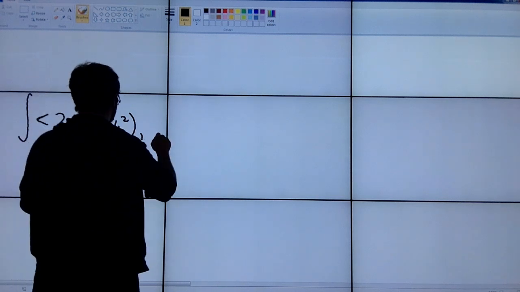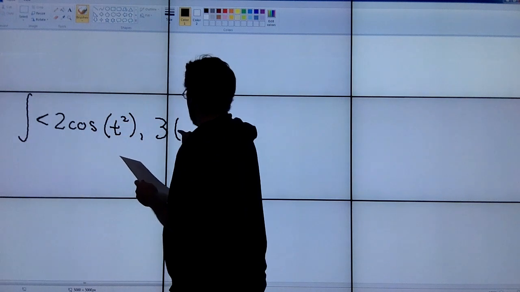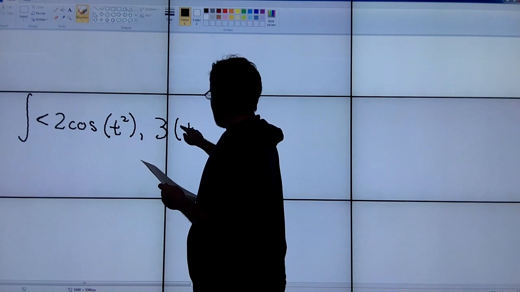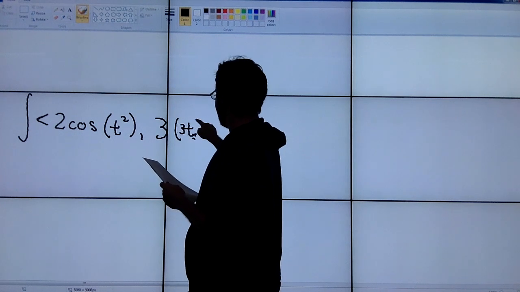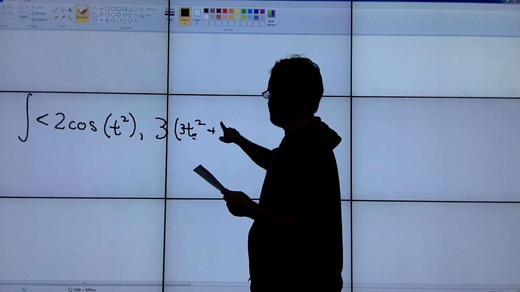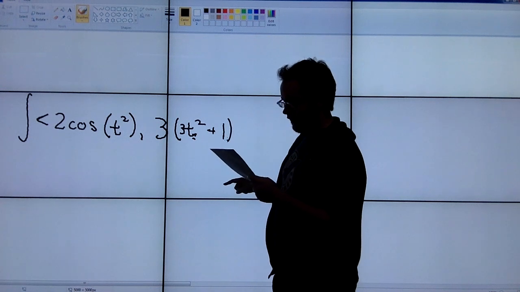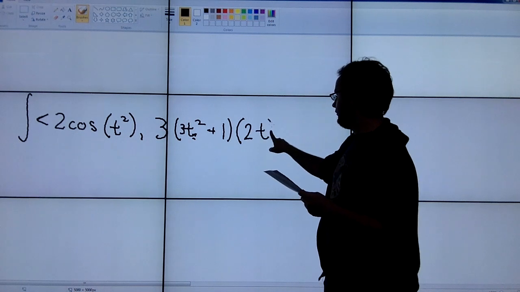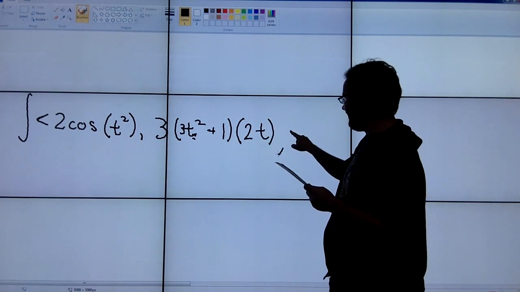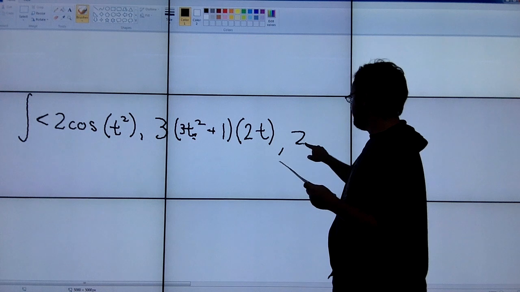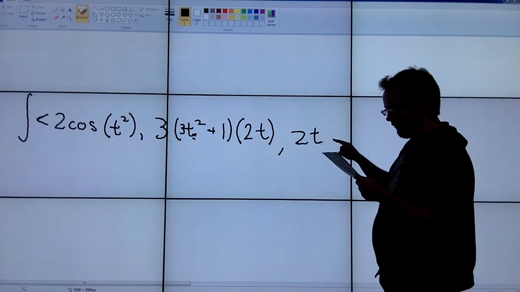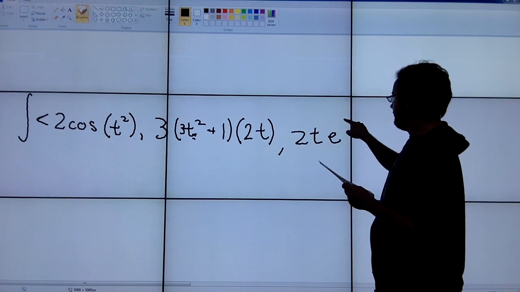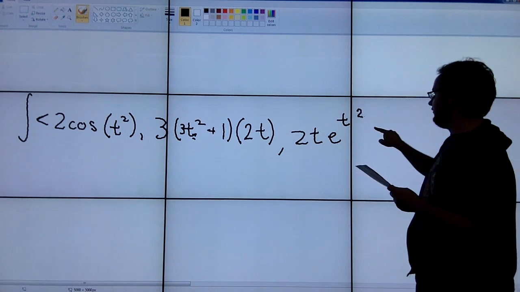Well, x was 3t squared plus 1, so we have 3 times 3t squared plus 1, times z, and z was equal to 2t. And then we have z e to the y. Well, z is equal to 2t, and e to the y would be e to the t squared. Is everyone good on my vector field? I've plugged into my vector field, right?